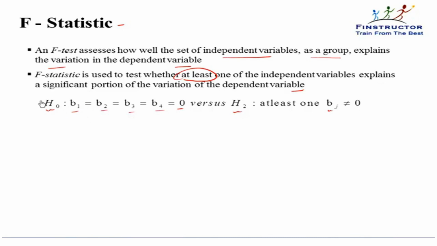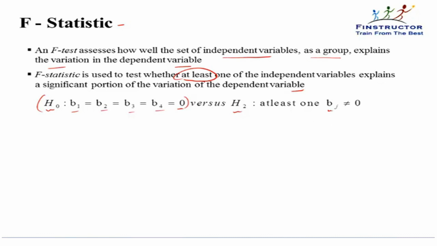So it wants to test whether the model as a whole is useless or not. If we are able to reject this null, then what do we imply? That all of them together are not equal to 0. At least one of the coefficients is statistically significantly different from 0.